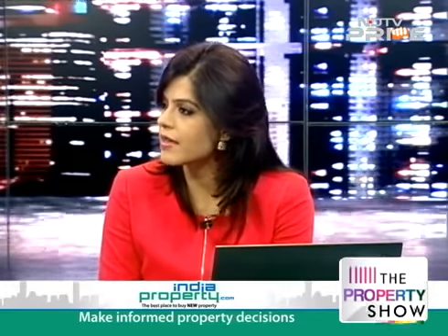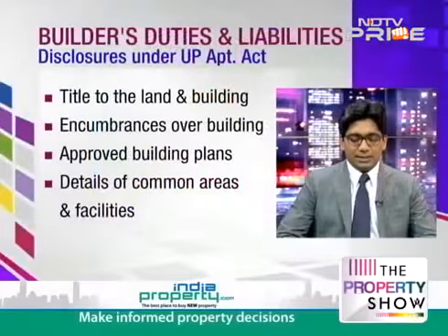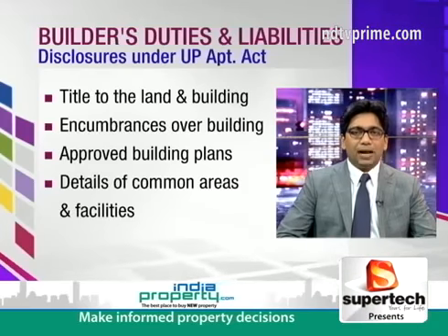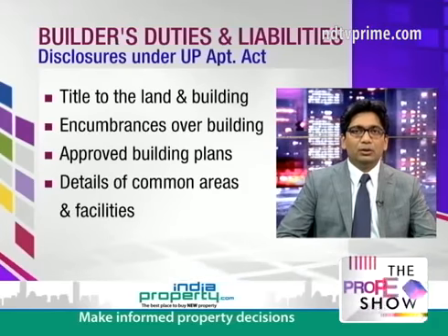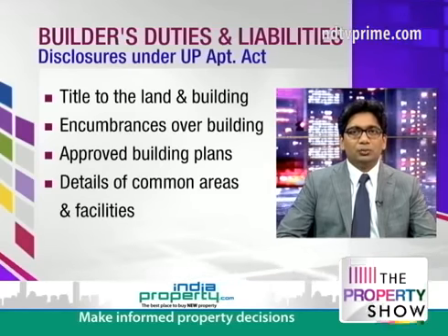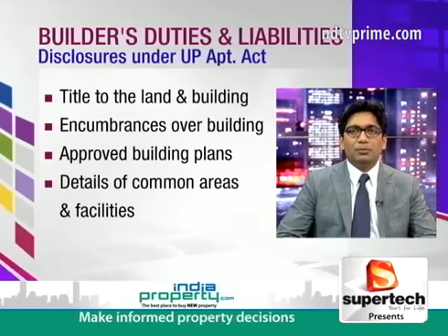Also, if you could briefly list out the various duties and liabilities that a builder has under the Apartment Ownership Act in terms of documents and mandatory procedures. So broadly, the UP Act requires that the builder should maintain copies, and it provides the right to the apartment owners to write to the builder and ask for all copies, and in the event of a breach they can approach the UP authorities and require them to apply sanctions.